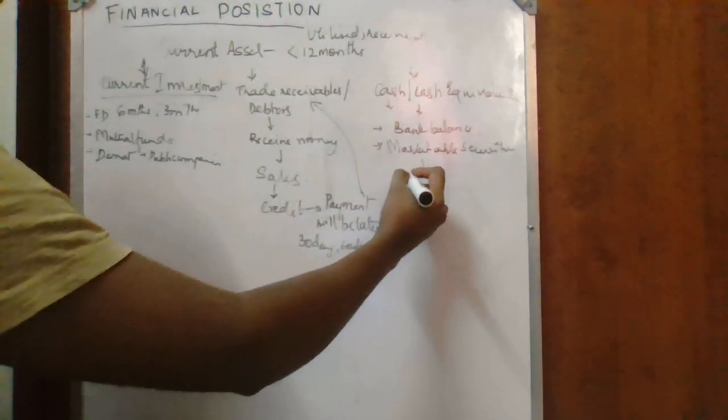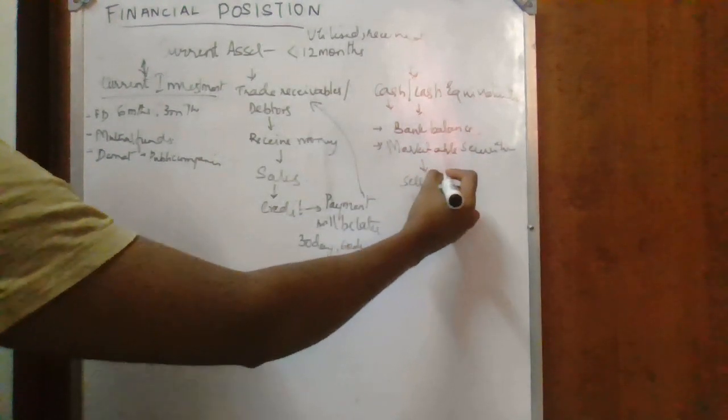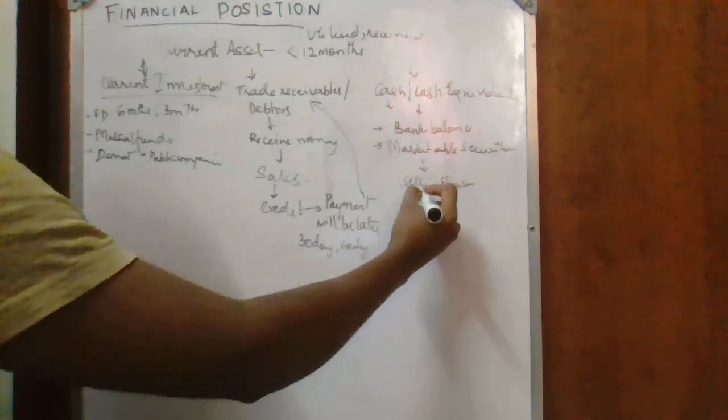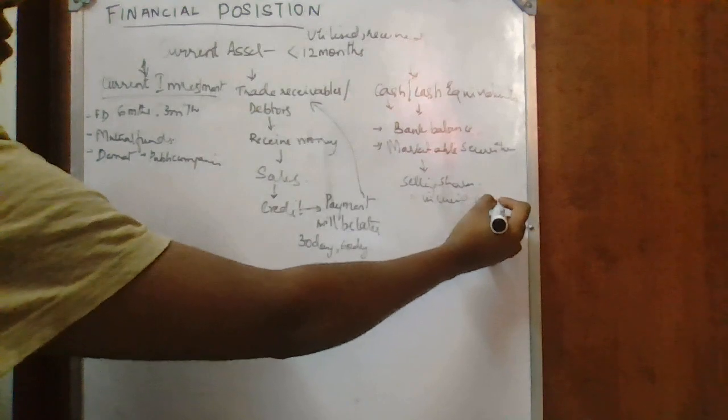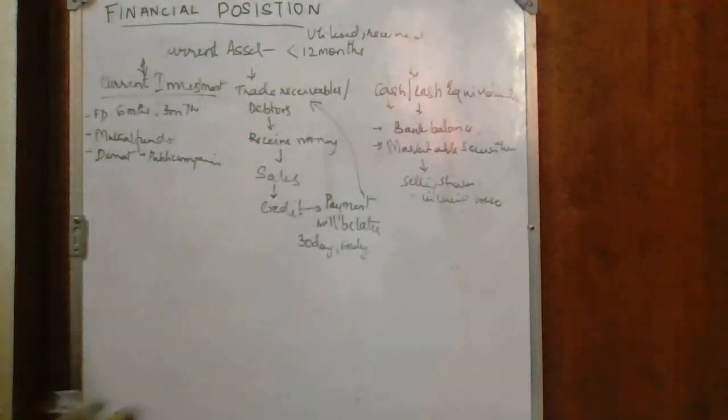Marketable securities are shares that can be sold without incurring any losses. This comes under cash and cash equivalents.